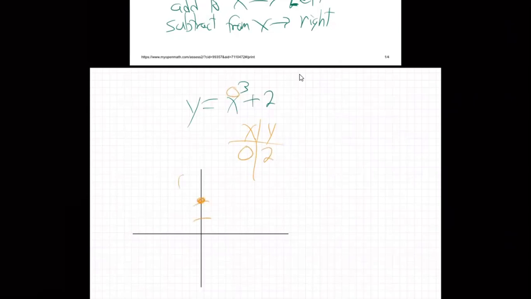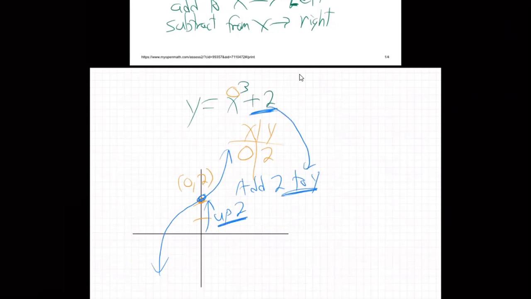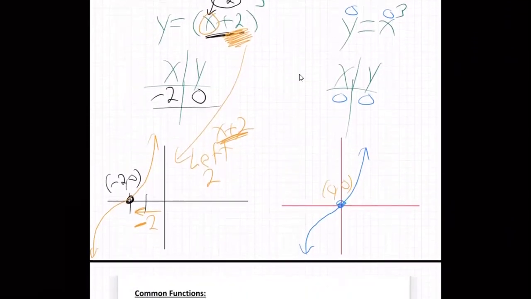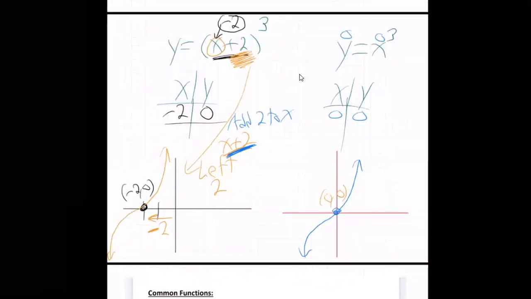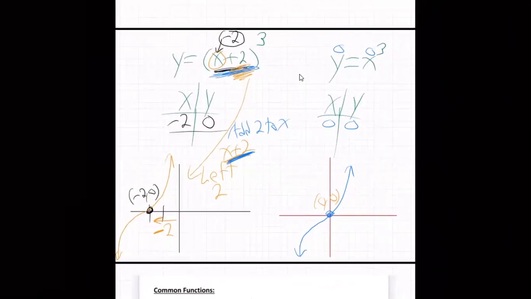Over 0, up 2. So sure enough, see how it moved the graph up 2. So adding 2 to y has the normal effect we would expect. It moves the graph up 2. You can see it right there as you make that table. Whereas adding 2 to x, this one right here, actually moved it left 2.